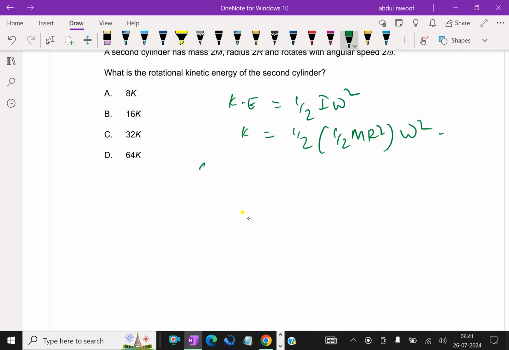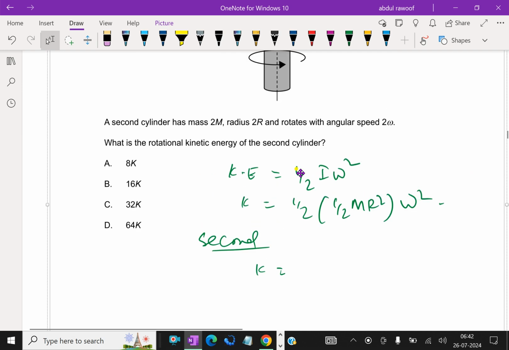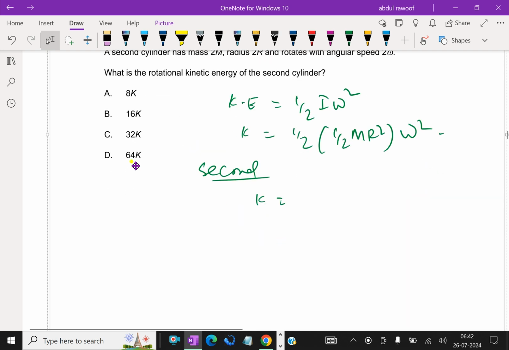For the second cylinder, this is 1 by 4 because half into half is 1 by 4.